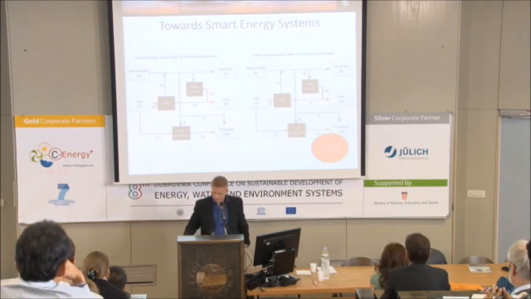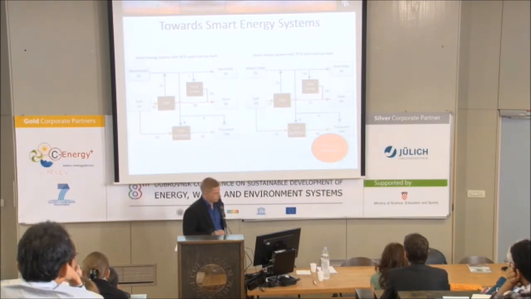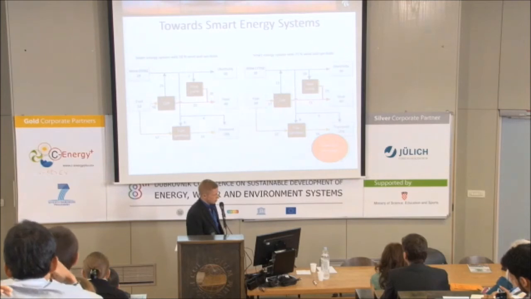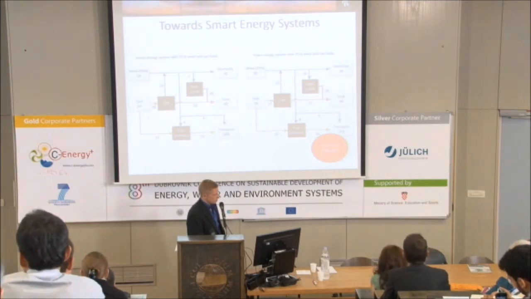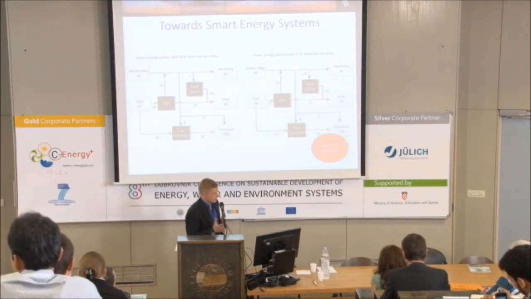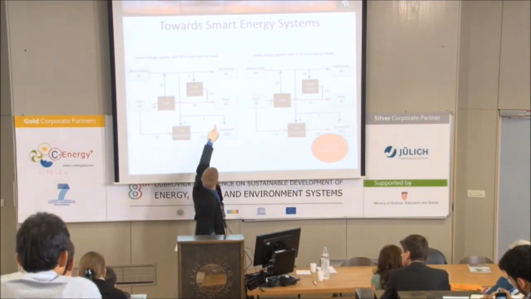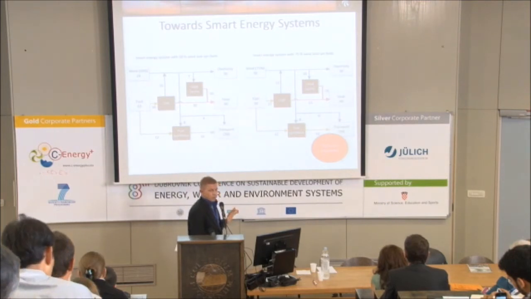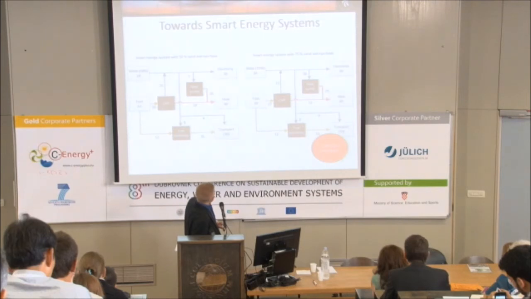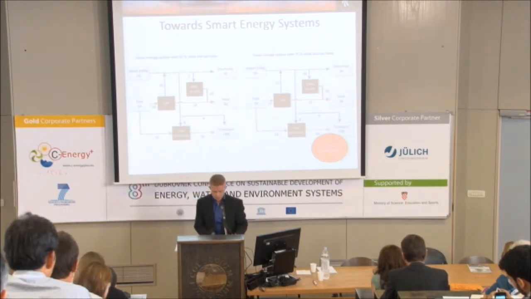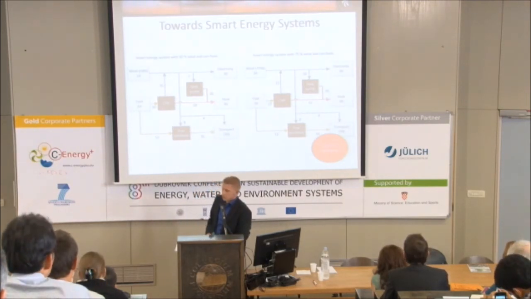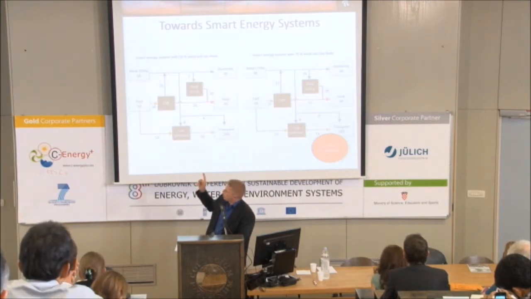Let's go back to this one. So now we try to make these synthetic fuels. So we still have 50% of the transport sector covered with electric vehicles. But now the rest we cover with synthetic fuels. And by doing so, we can actually reduce the fuel consumption to 62.